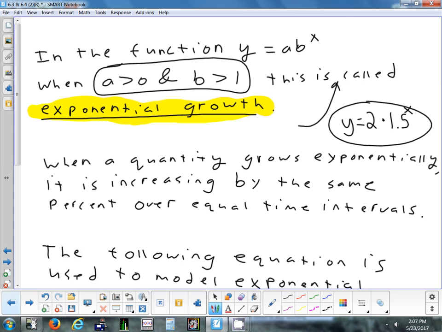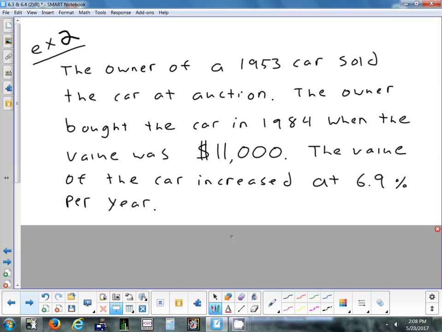When a quantity grows exponentially, it's increasing by the same percent every year. That's exactly what's happening in this problem. So because the value of the car is going up the same percent every year, the value of the car is growing how? Exponentially, exactly. Sometimes values don't grow exponentially.